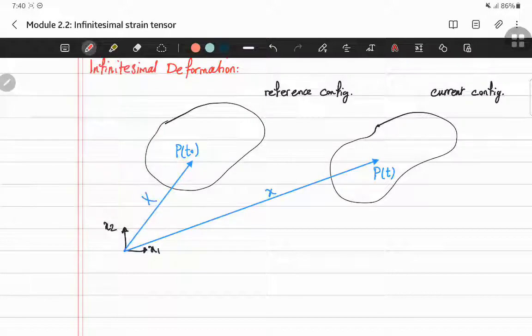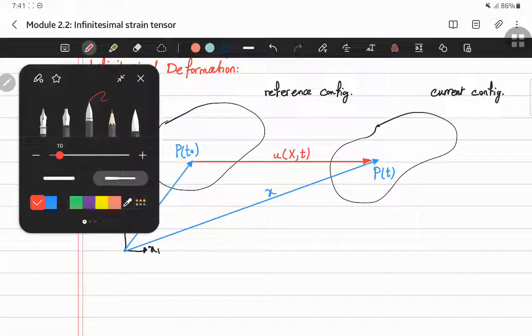Let me just draw this line here, where the displacement between these two is basically u. So we have u of X and t.